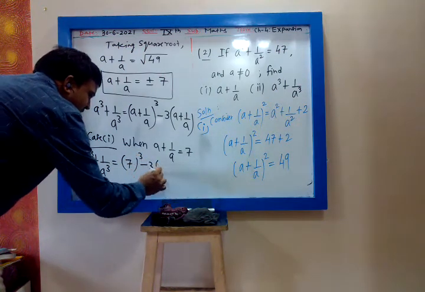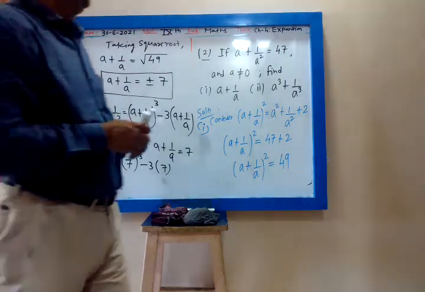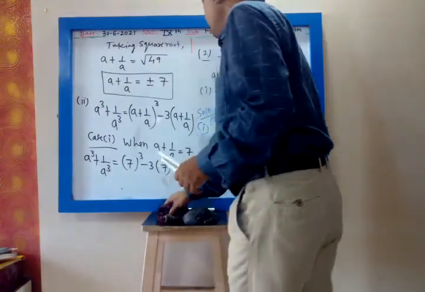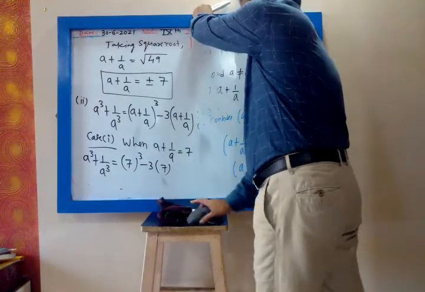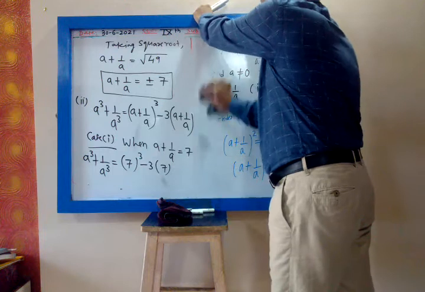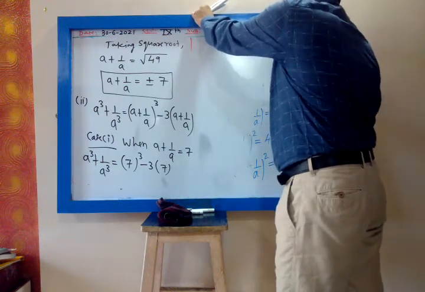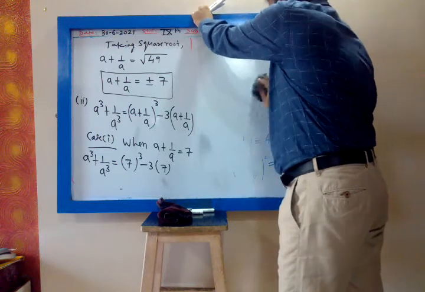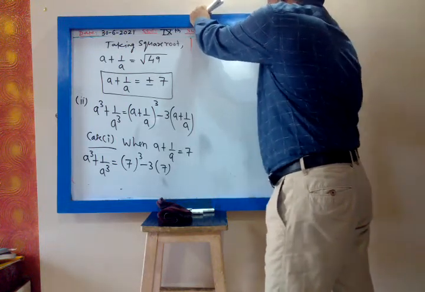minus 3 into 7. 7 cube is 343, correct? 7 into 7 is 49, 49 into 7 is 343.